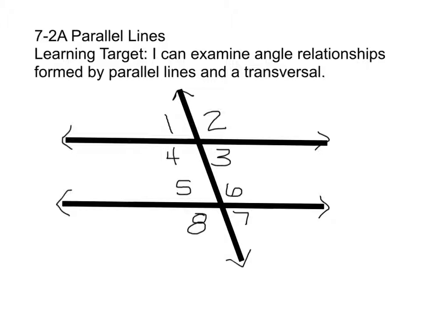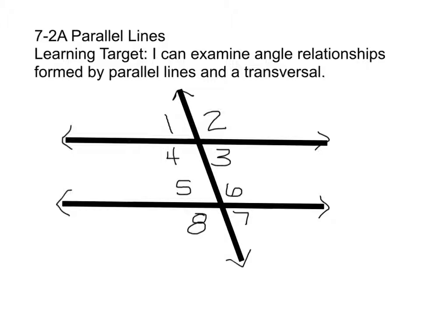Now, these two particular parallel lines, which, again, by that definition, are two lines in a plane that never intersect or cross, are cut by something called a transversal. Who looked up your vocabulary terms and found the definition for transversal?